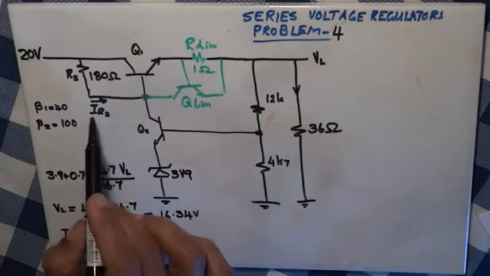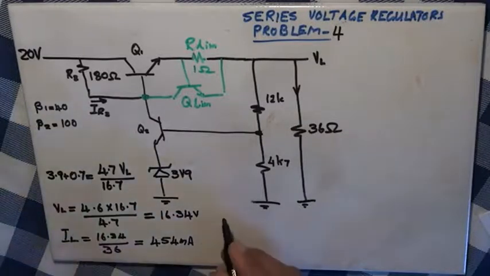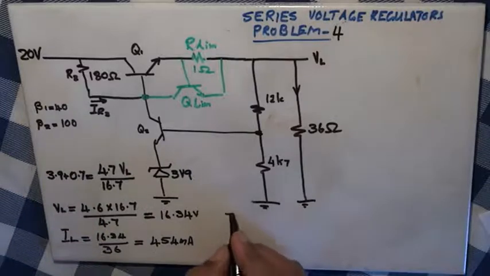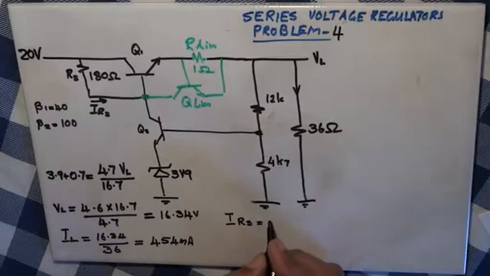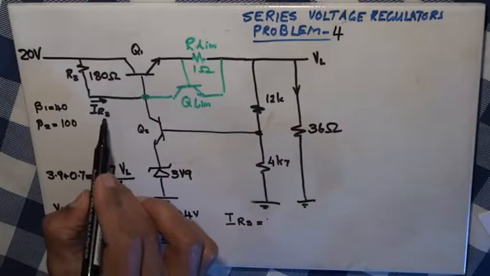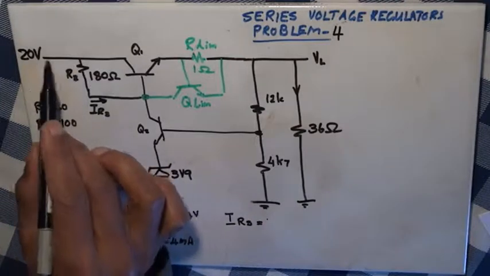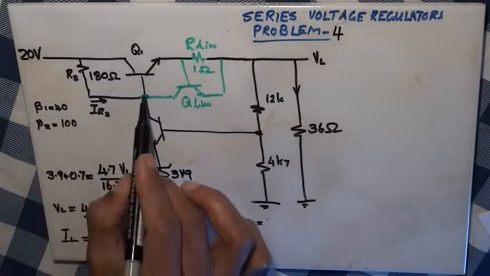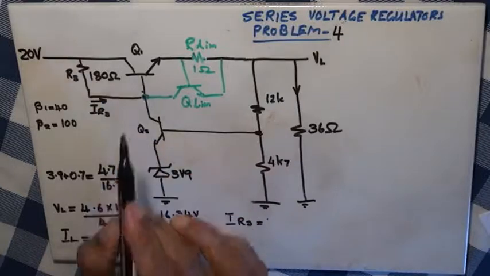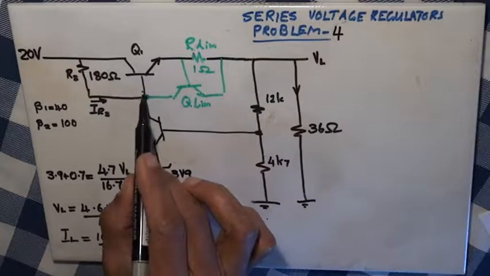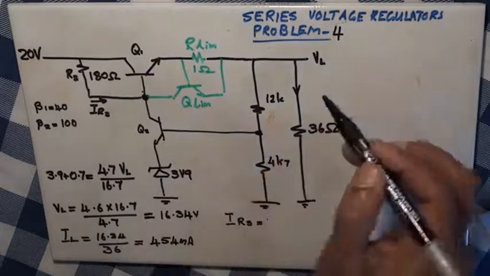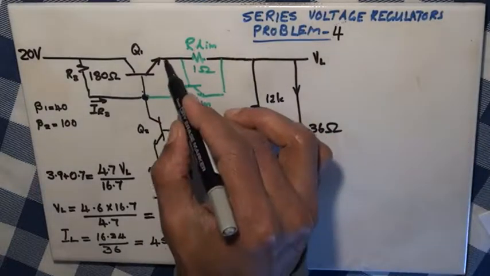Let's try to work out IR3. To work out IR3, one end of the resistor is at 20 volts, and the voltage at this point is the same as the voltage at the base. So let's see what that voltage is going to be. That's going to be VL plus VBE.